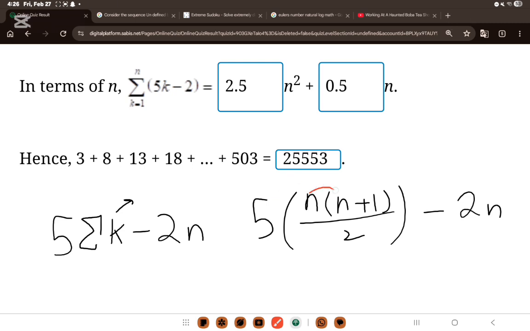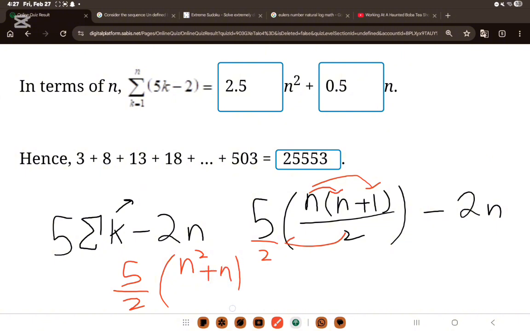First of all, what we do is multiply, so it's going to be 5 over 2 multiplied by n squared plus n, minus 2n, so it's going to be 5 over 2 n squared plus 5 over 2 n minus 2n.